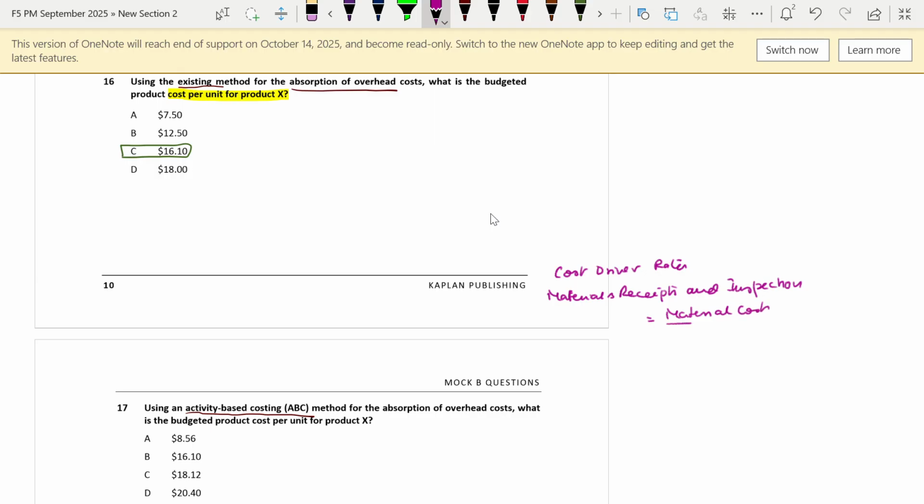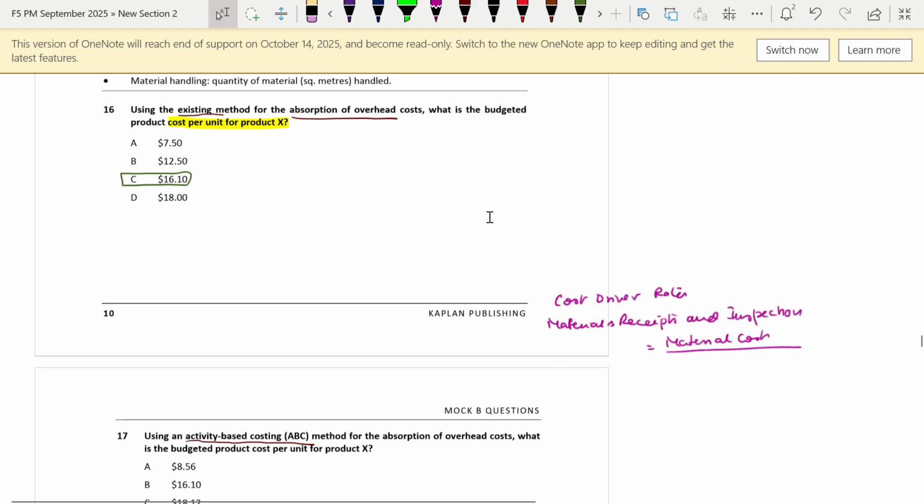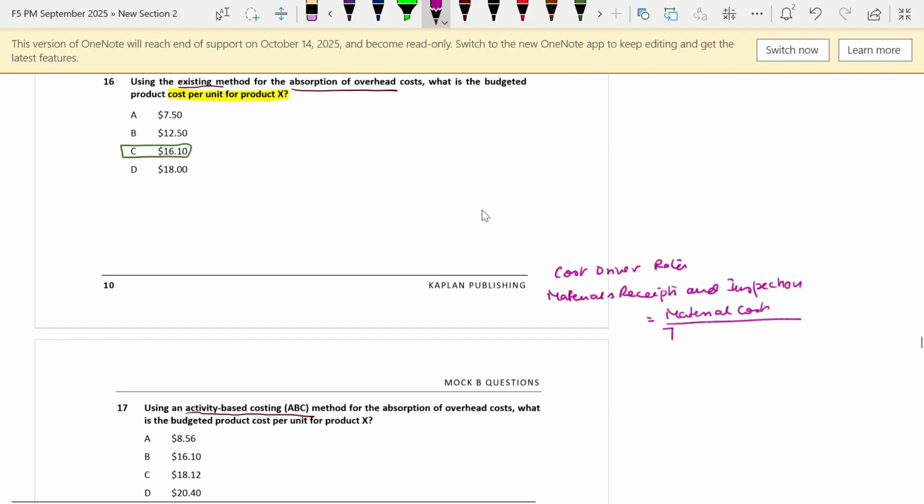Material cost divided by total batches of material. 15,600 divided by how much is there? 10 plus 5 plus 16.